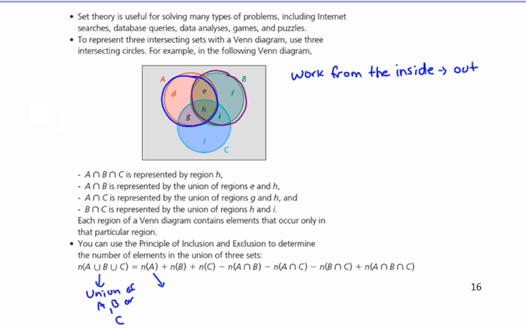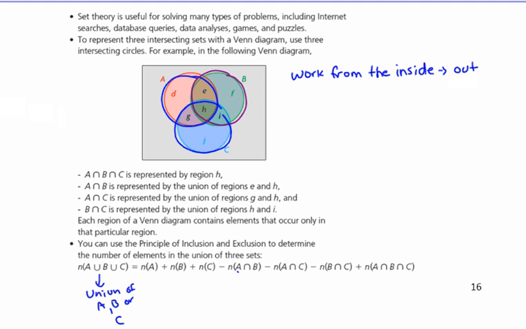What did we actually do when we added the whole part of B? So I've already added A, and now I've added B. What just happened? Did I add anything twice? Which part did I add twice? Is it represented there twice? E and H, okay? And then if I add C on top there, I've also now added G and H an extra time, and H and I an extra time.